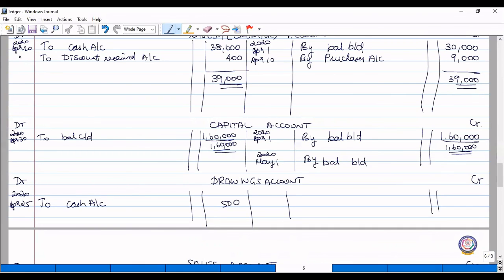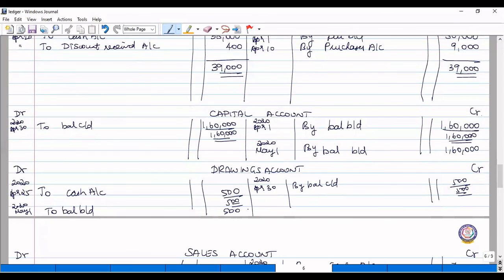Okay, 1,60,000. Next, drawings made: when we close it on April 30th, carried down balance will be 500, and this stands as the opening balance for May 1st. To balance brought down.